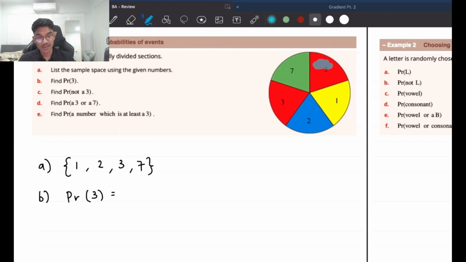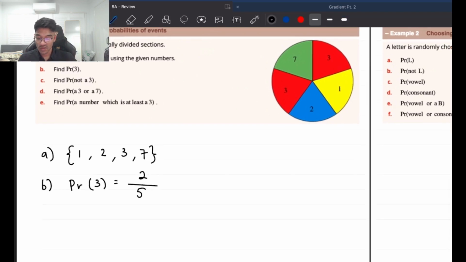There's 1 3 here, and there's 2 3s there. So the number of favorable outcomes is 2, and that gets divided by the total number of outcomes there are. So we've got to count how many options there are now. So 1, 2, 3, 4, and 5. So 2 over 5 is our probability of getting a 3.